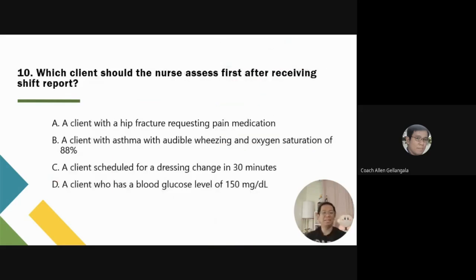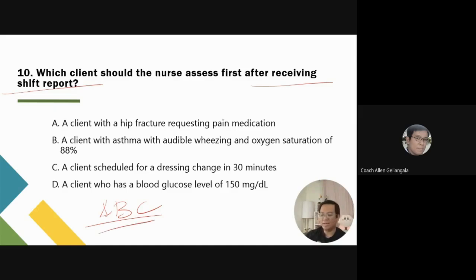Let's go to number 10. Which client should the nurse assess first after receiving shift report? Plain and simple. So, airway, breathing, circulation. Let's analyze. Which of the following there has the ABC? This is the only thing that you need to focus on prioritization.